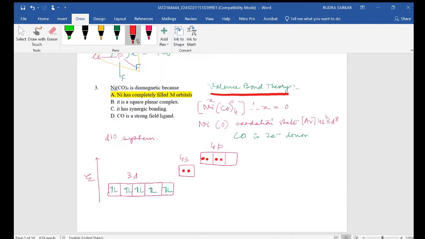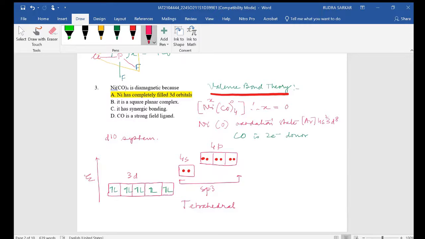So there are 4 pairs of electrons coming from the carbonyl, because there are 4 carbonyls over here, and for that fact these set of electrons will decide the hybridization. So we'll call this as sp3. So basically this is a tetrahedral shaped complex.